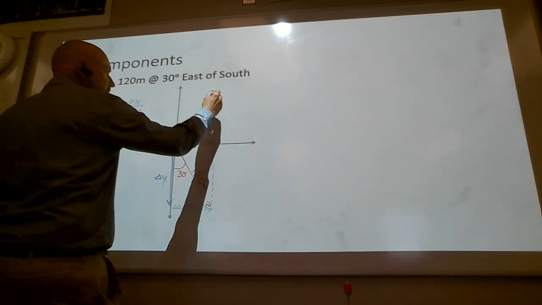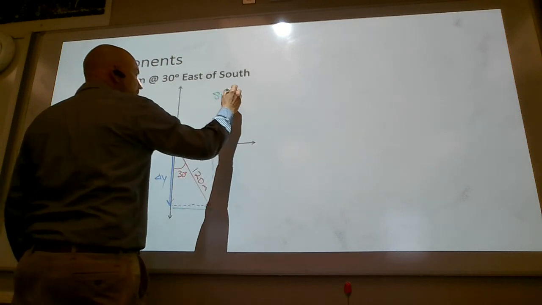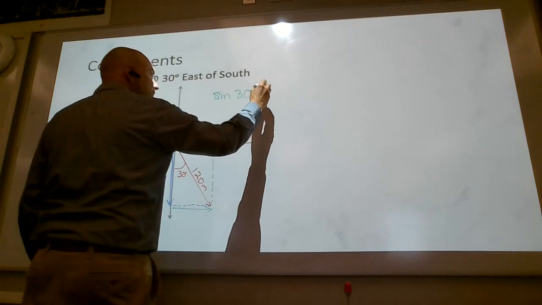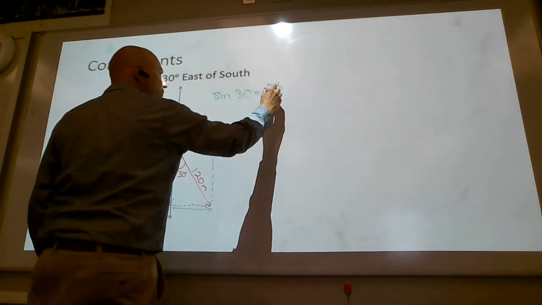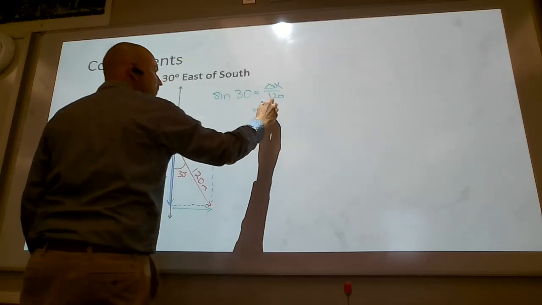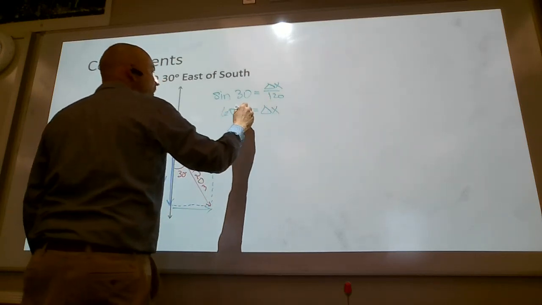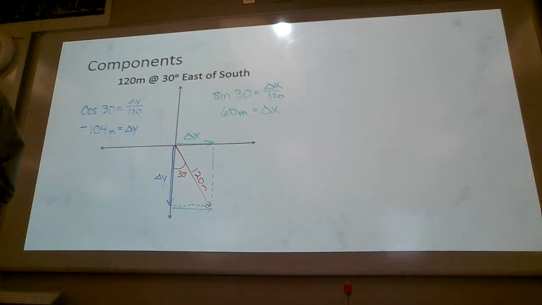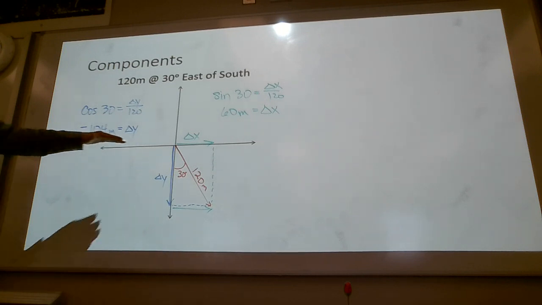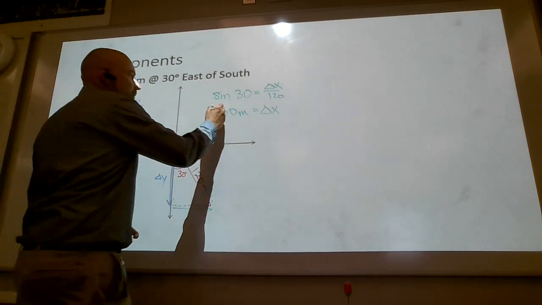So I'm going to use what? Sine of 30 equals delta x over 120. Sine of 30 is 1/2. Is that going in the positive or negative x direction? It's going in the positive x direction.